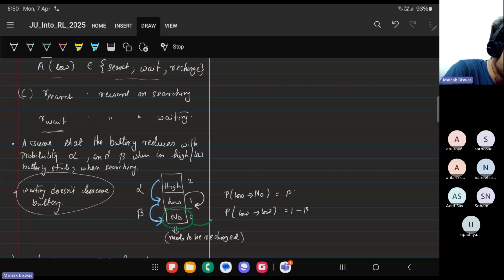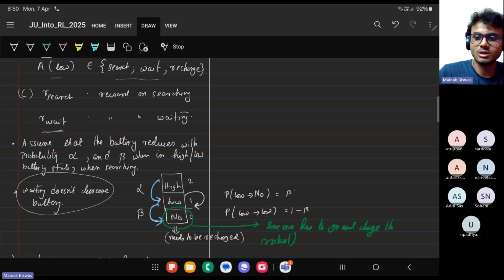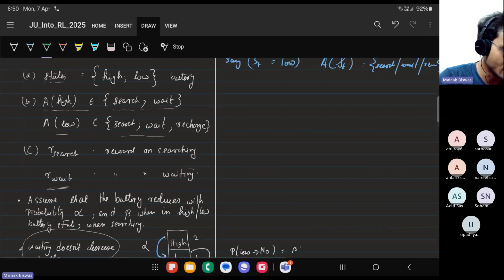So no actually means someone has to go and charge the robot. It has to be picked up by a human being, who goes and plugs it in.